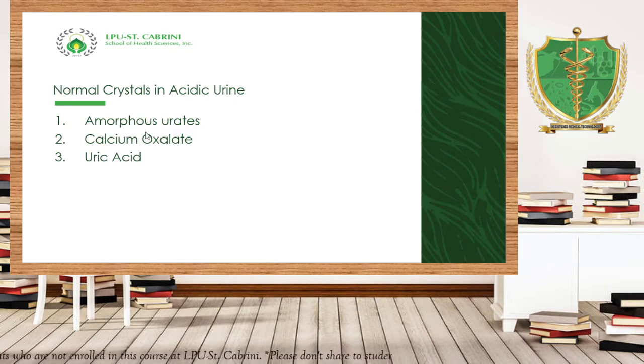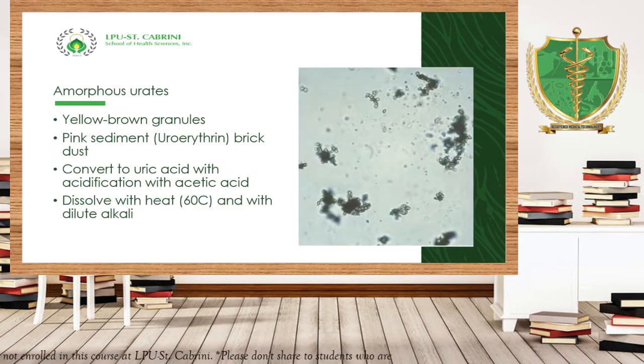Bahala kayo kung nagets nyo. Acidic urine crystals: amorphous urates, calcium oxalate, and uric acid. Take note guys that amorphous urates is different from amorphous phosphates. Amorphous urates, acidic; amorphous phosphates ay sa alkaline urine.